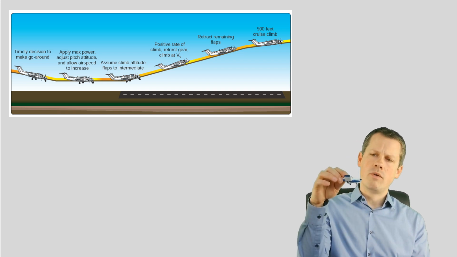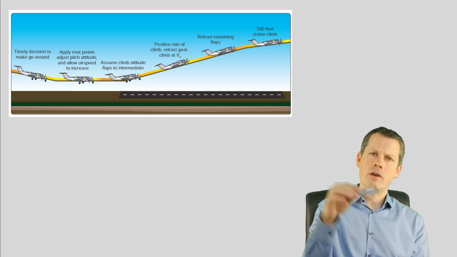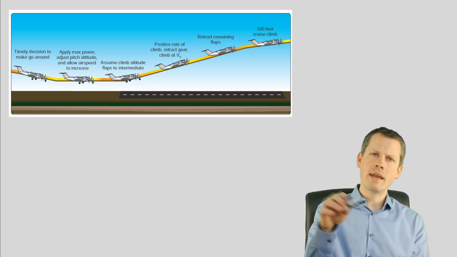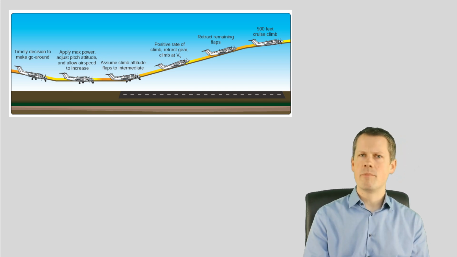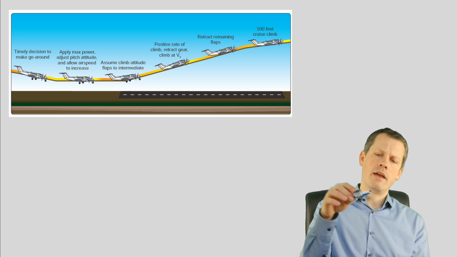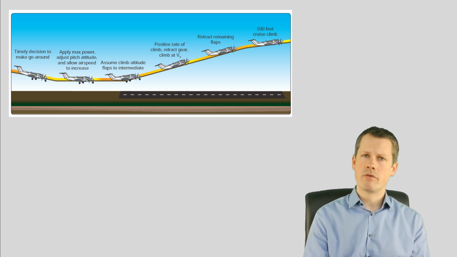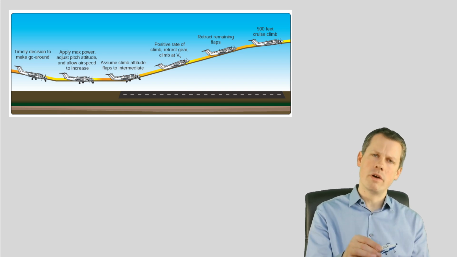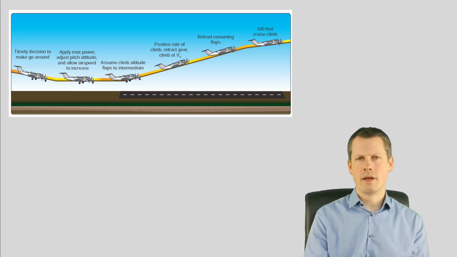Immediately when you have added power and switched the carb heat off, you should retract the flaps one step, but just one step. And then when you have established a safe climb and a safe climb airspeed, you can retract the flaps incrementally. If you have a retractable gear, retract the gear as soon as you have established a positive rate of climb, because if you go around very close to the ground, the airplane may even settle onto the ground briefly, and then of course you would like to have the landing gear out.